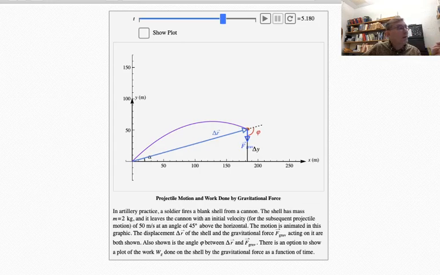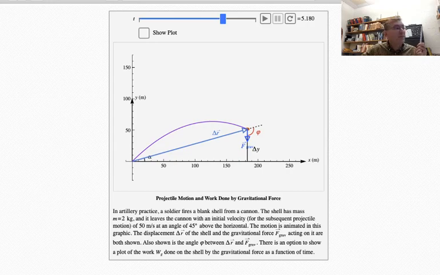It says down there in the wording that the m is 2 kilograms. Let's take g to be 10, just to have a nice simple number, meters per second squared, or 10 Newton per kilogram. So the work done by gravity would be negative mg delta y. Don't forget that negative. So negative 2 times 10 is 20, times delta y is 50.